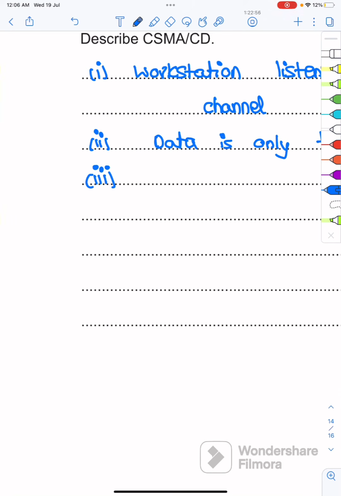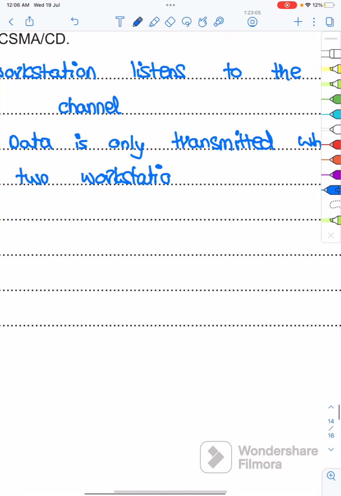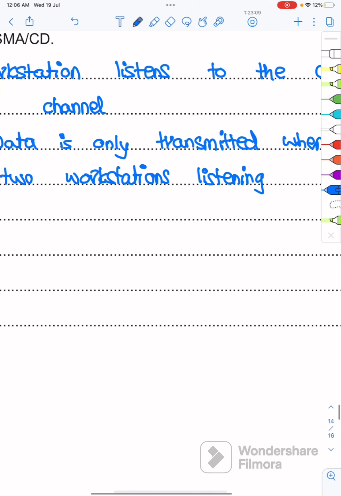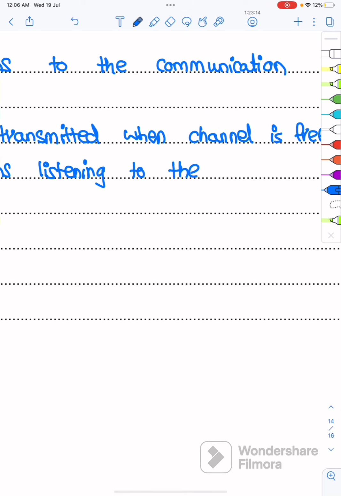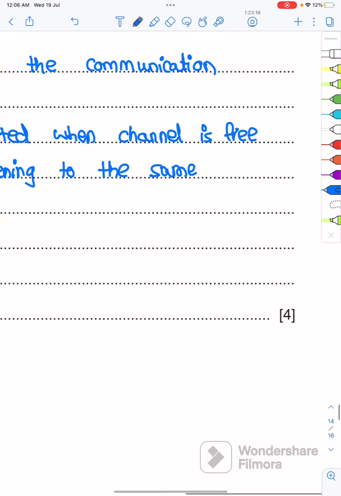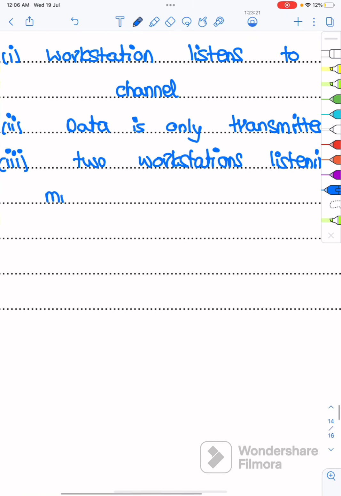Two workstations listening to the same channel might transmit data at the same time.